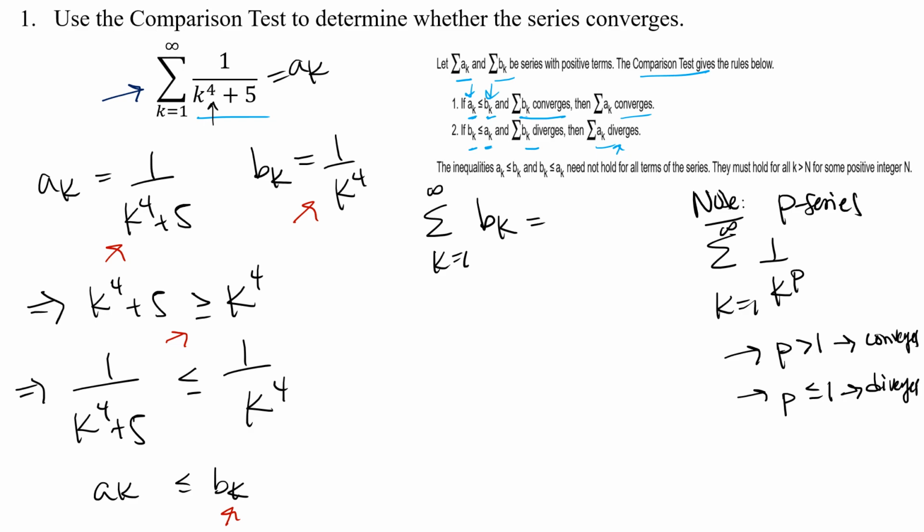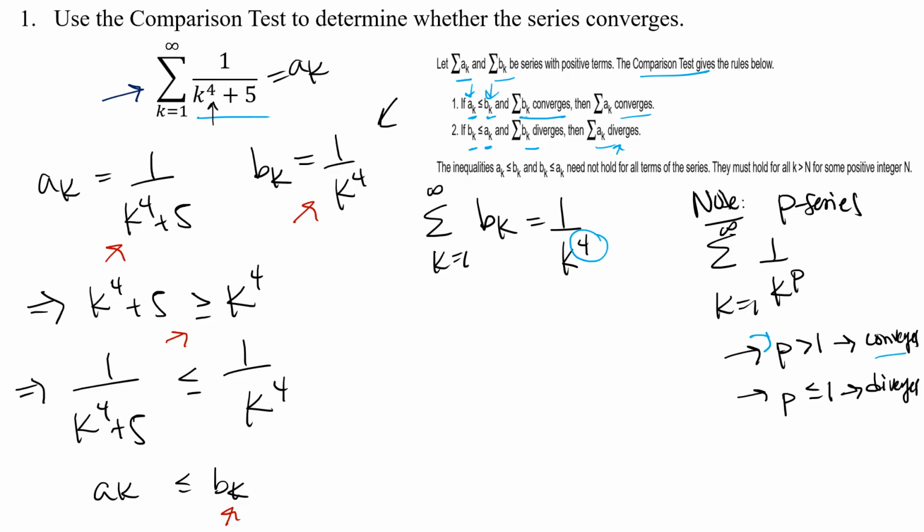So here we're saying that our b sub k is 1 over k to the 4th power, okay? Well, we can see that our p-value is 4, and 4 is indeed bigger than 1.